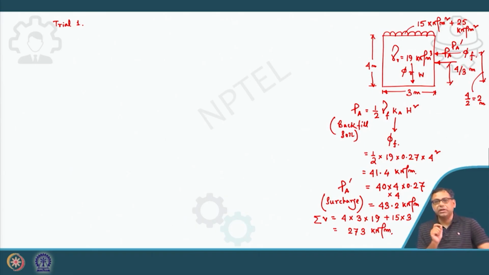But there is a question: if the live load is not present, then I should not consider the PA due to that surcharge also. But this is the worst combination, that's why I will consider that.